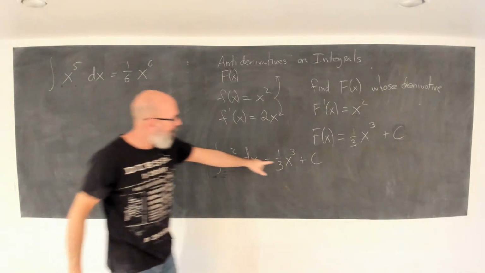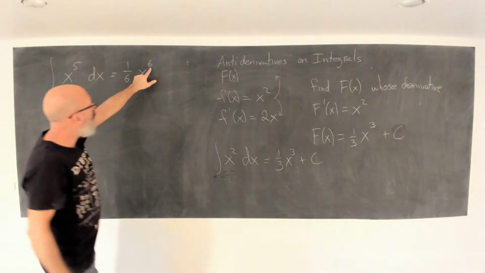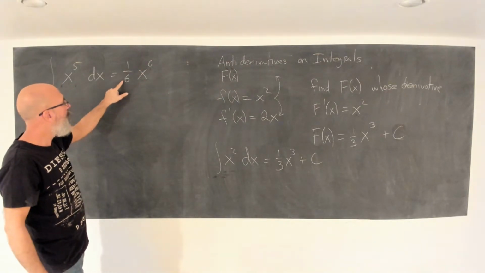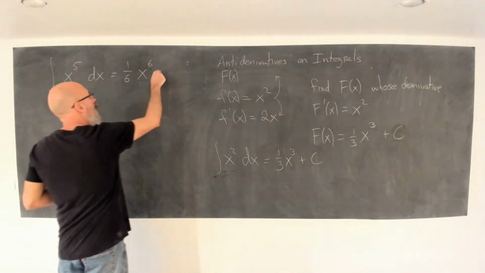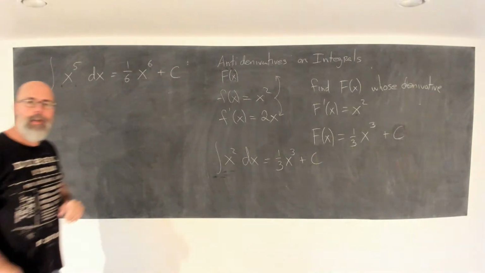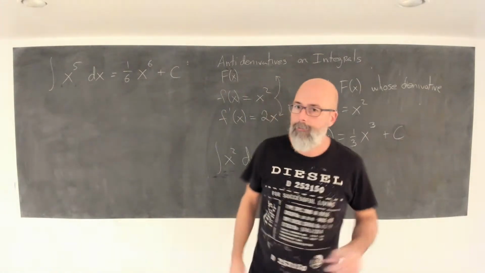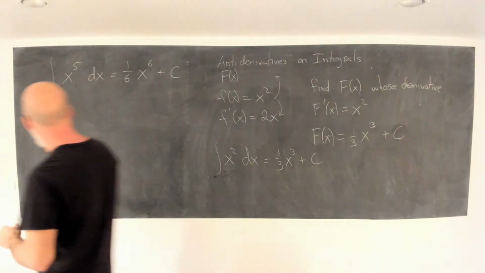In the same way, if you differentiate x to the 6, you get 6x to the 5. This 1/6 cancels that 6, and you're done. Exactly that.